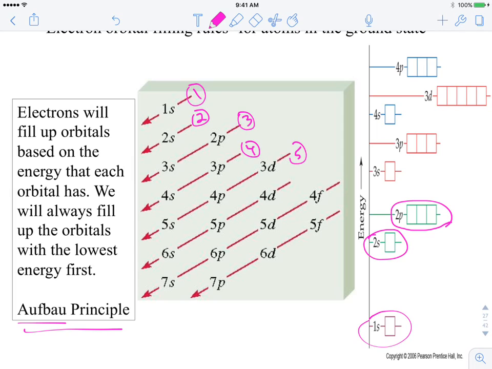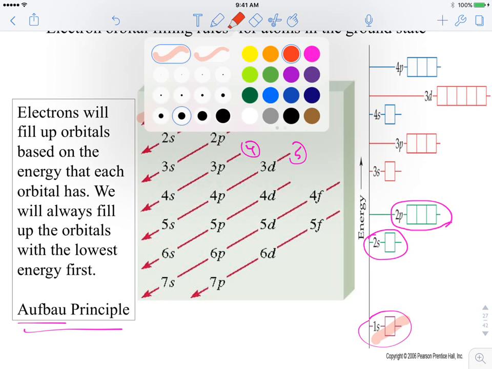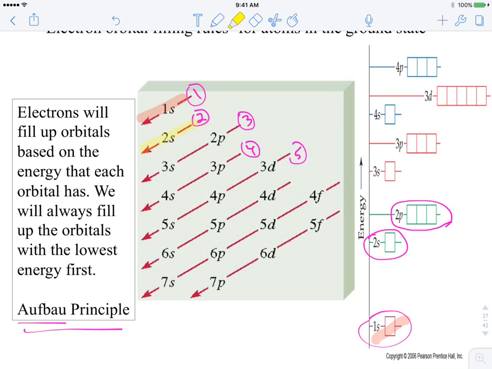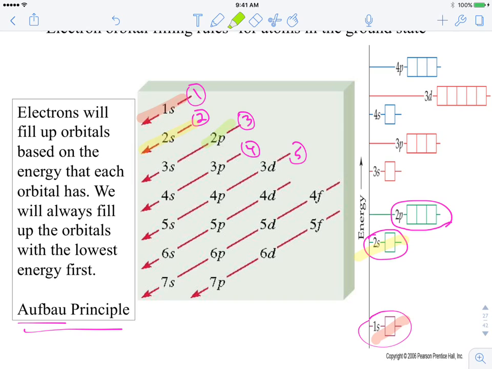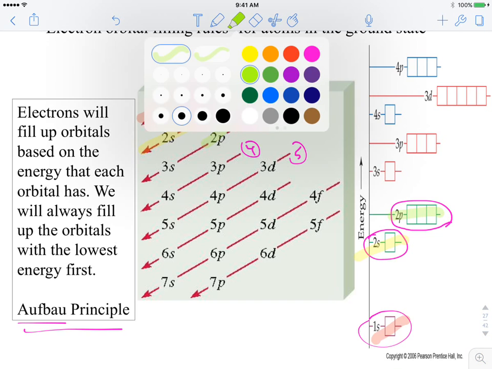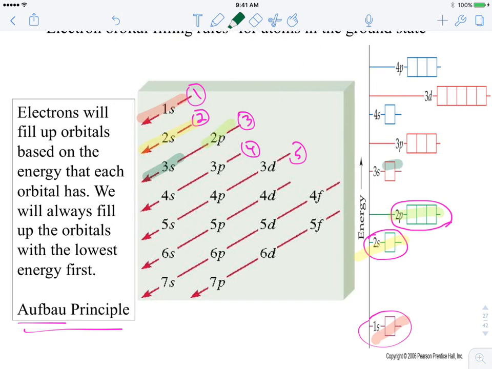So if we go back to our diagonal rule: 1s, 2s, 2p, 3s, and so on. The diagonal rule relates to the energy of the orbitals and the sublevels.